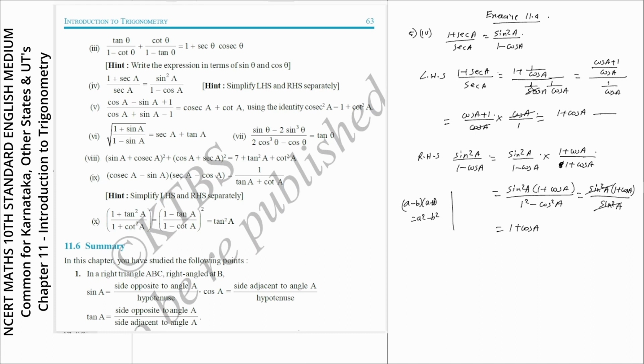So now you can see both left hand side and right hand side are equal. Therefore LHS is equal to RHS.